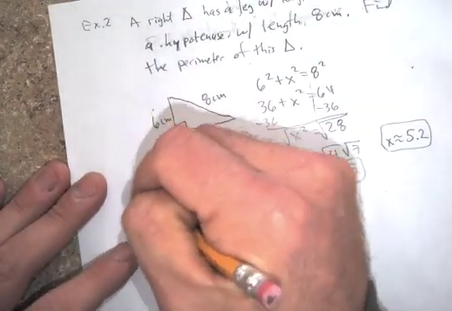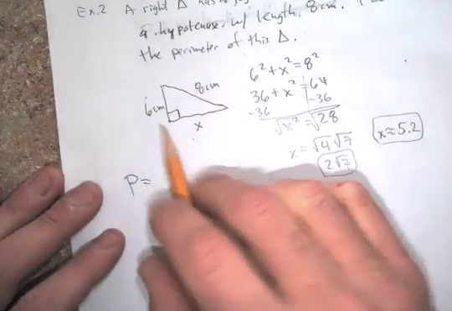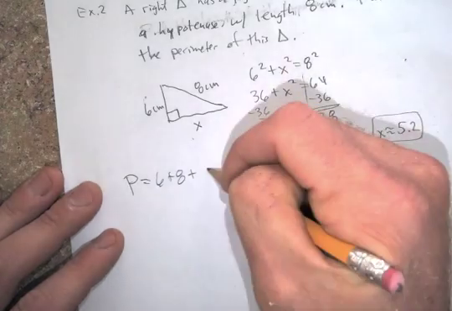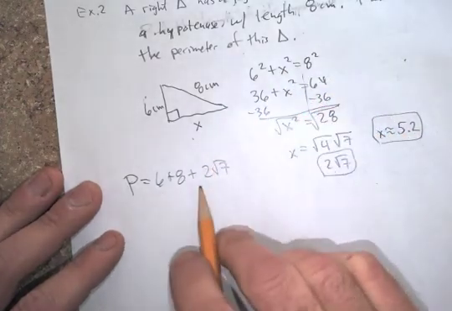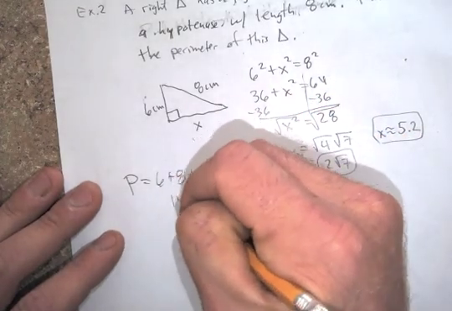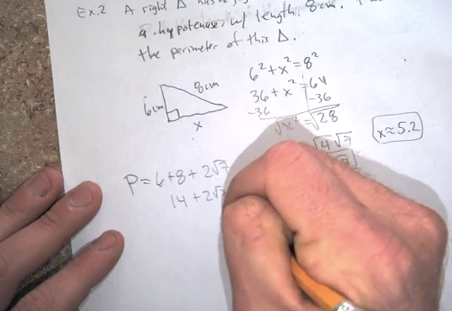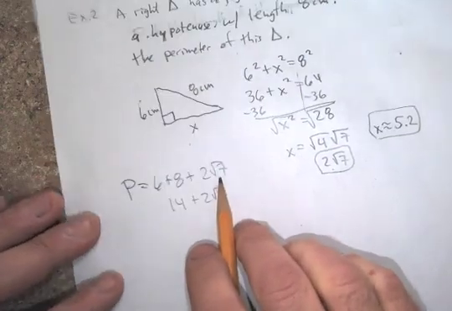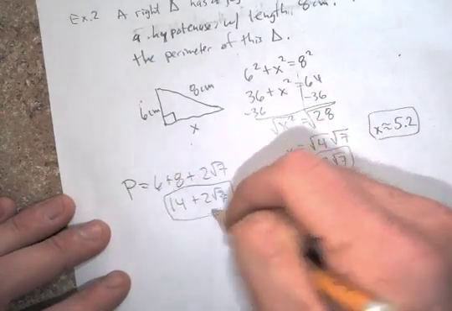Okay, so perimeter, add up all sides: 6 plus 8 plus, let's say, 2 square root of 7. I can only add the 6 and the 8, so it's going to be 14 plus 2 square root of 7. It's kind of like terms. You can't add on that square root of 7 piece. So this is going to be your perimeter.